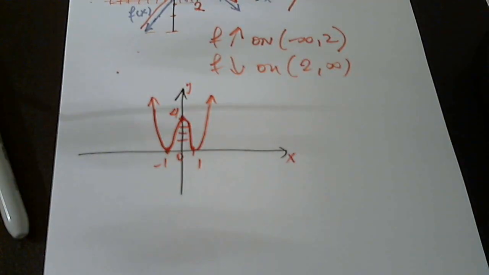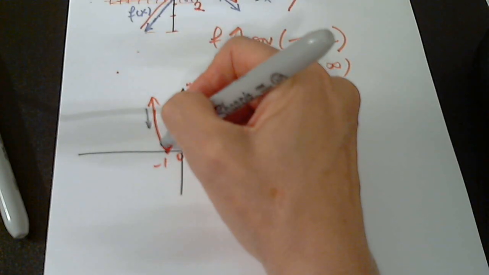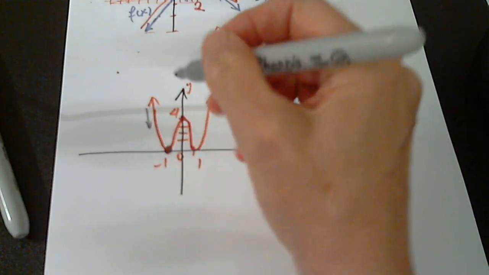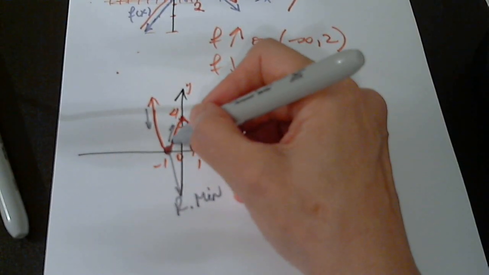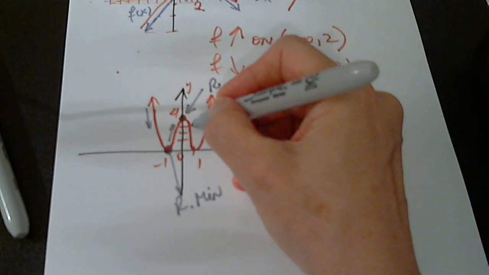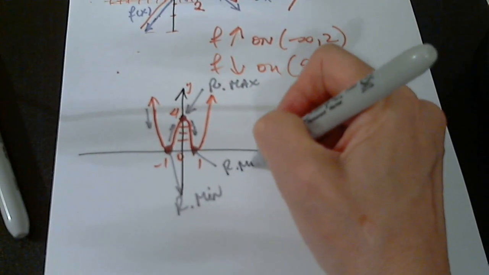Good. So again, I take my marker and I follow the graph. Relative minimum, relative max, relative min.